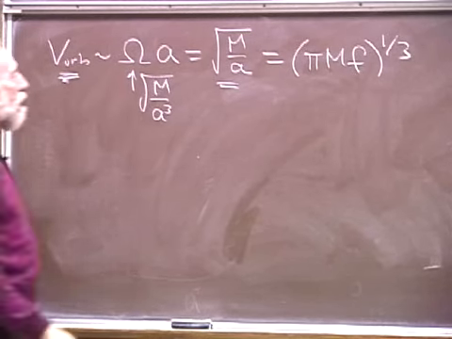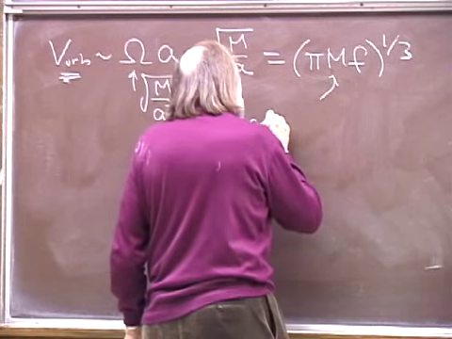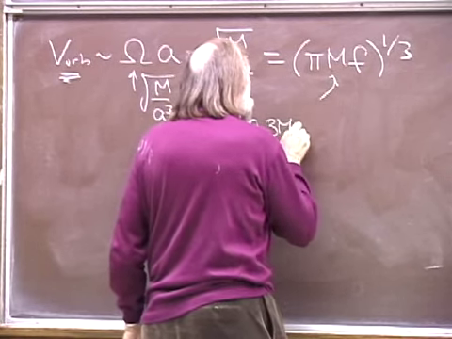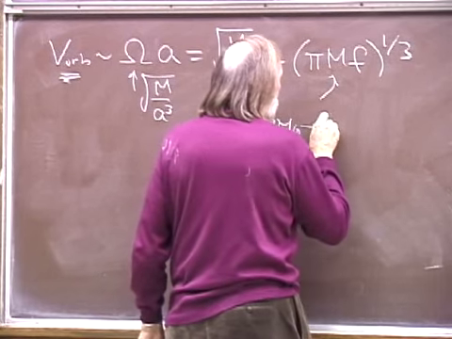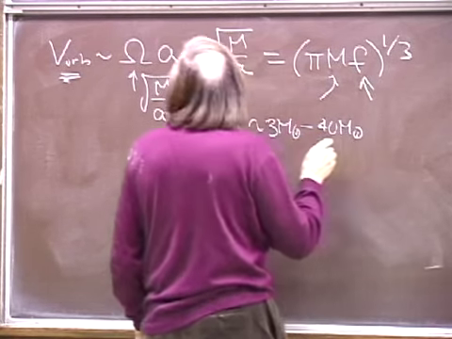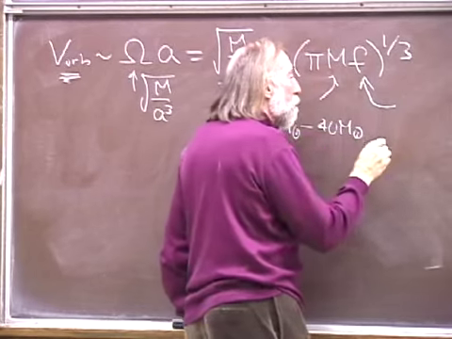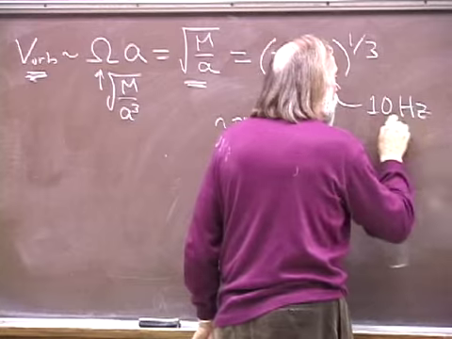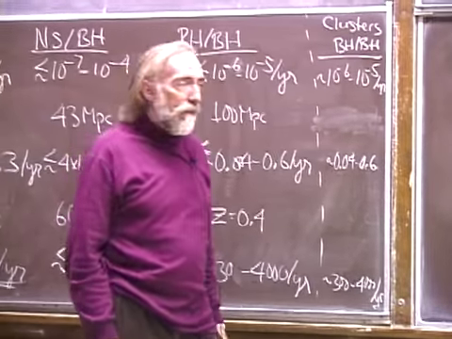Now, if you put in numbers, total mass of the star, say, if it's 2 neutron stars, it may be about 3 solar masses, 2 black holes, it may be as large as, say, 40 solar masses. You put in a frequency, say the frequency at which the waves first enter the LIGO band. In the advanced interferometers, that may be 10 hertz. Just no lower. LIGO can't see any lower than that.